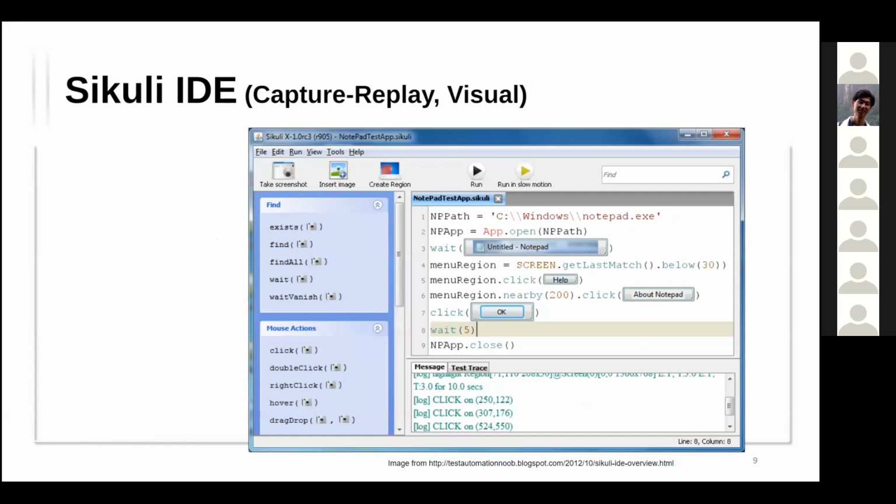Yeah. And so here is a small question. Is it possible to translate the recorded scripts into a program, such as Java and Python code? I believe Selenium has the ability to do that, but I'm not sure about Sikuli. For Selenium, you can record the test with capture-replay, and then it will be able to convert it into a program.